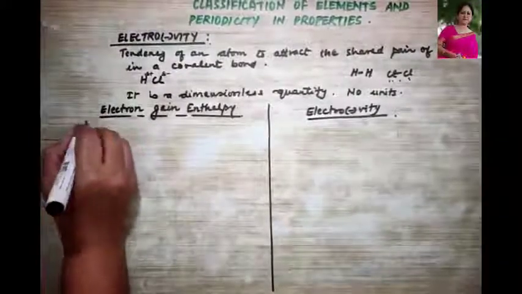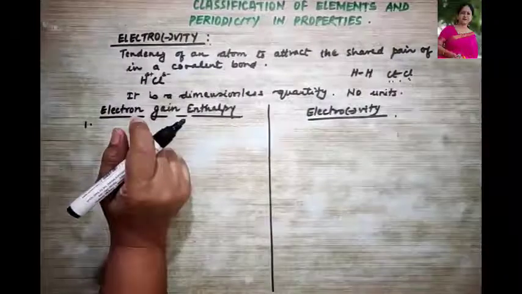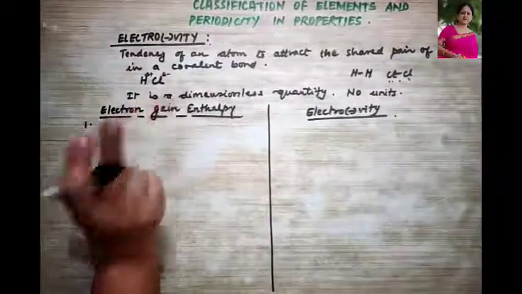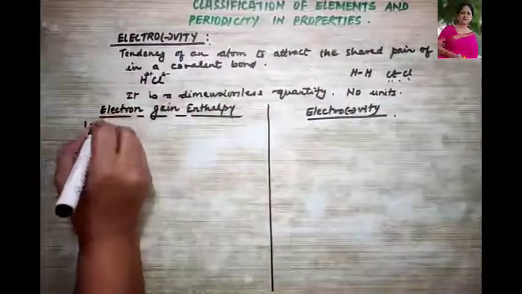First point about electron gain enthalpy: what did we study in the previous video? That it is the tendency of an isolated atom to attract the electron, right?